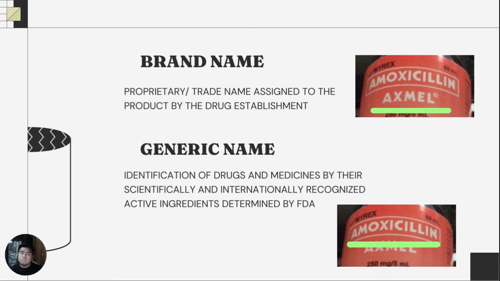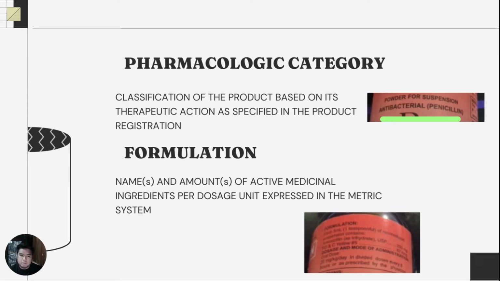We should always remember that the drug establishment or the company that founded the drug are the ones who gave the brand name, while the generic name, this was given by the FDA. Next, we can see here the pharmacology category.